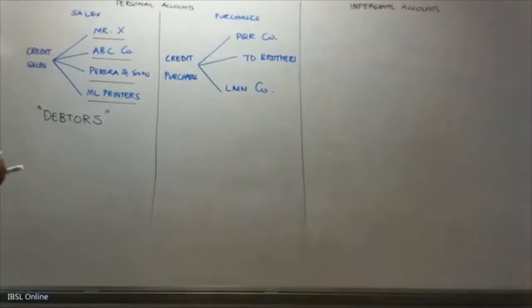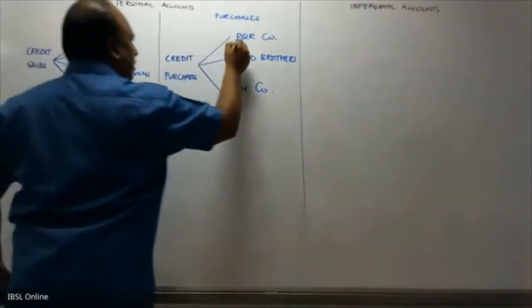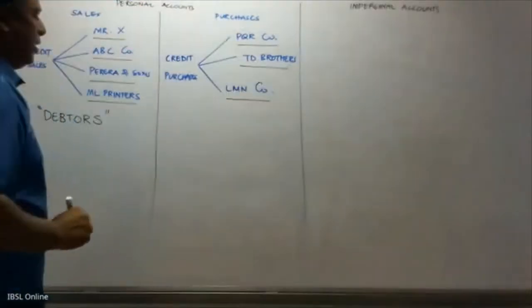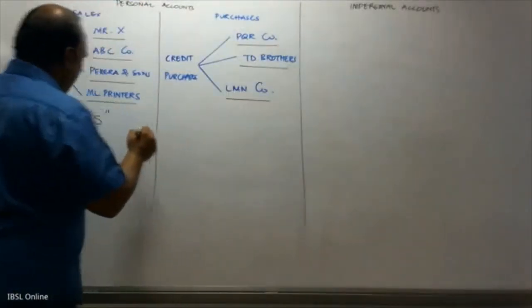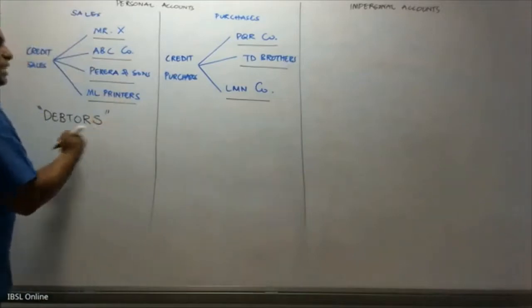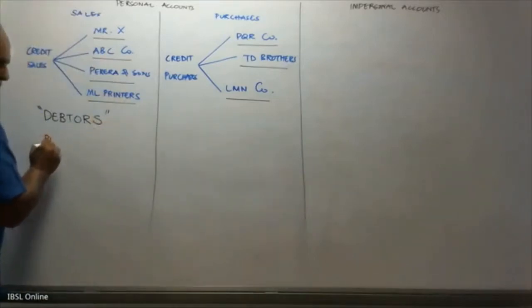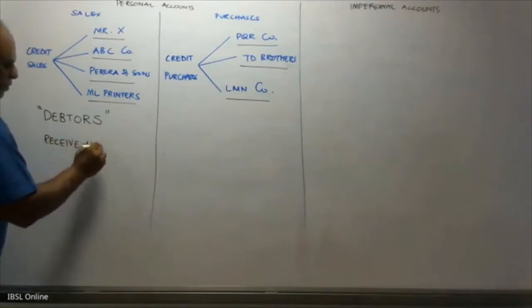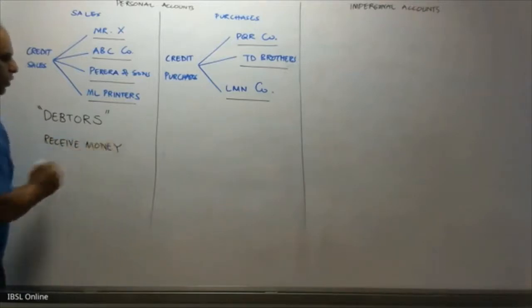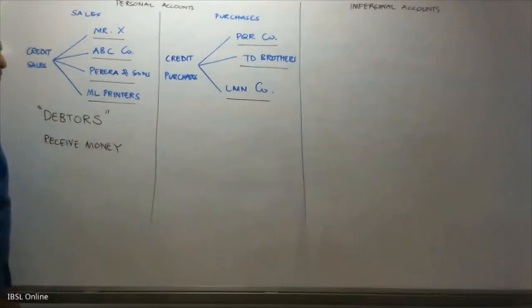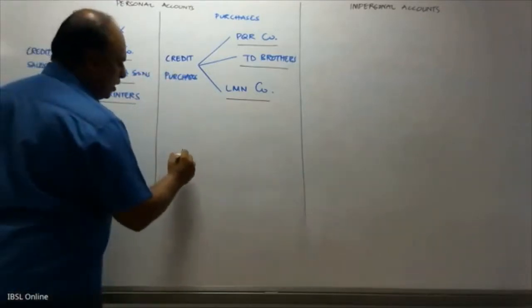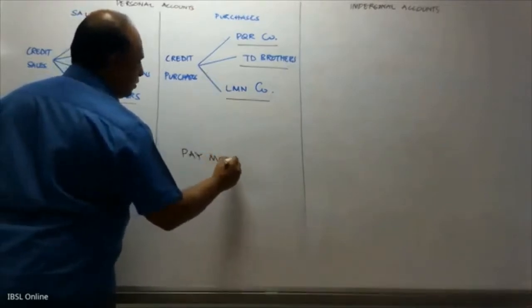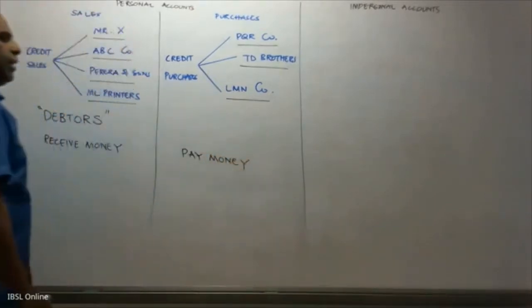With all these people, when you do transactions, you will have individual accounts. From the business point of view, here you are supposed to receive money. Here, you are supposed to pay money under credit terms.